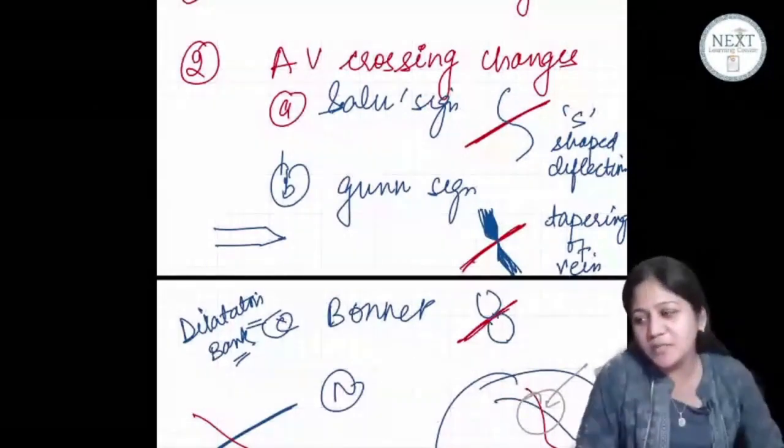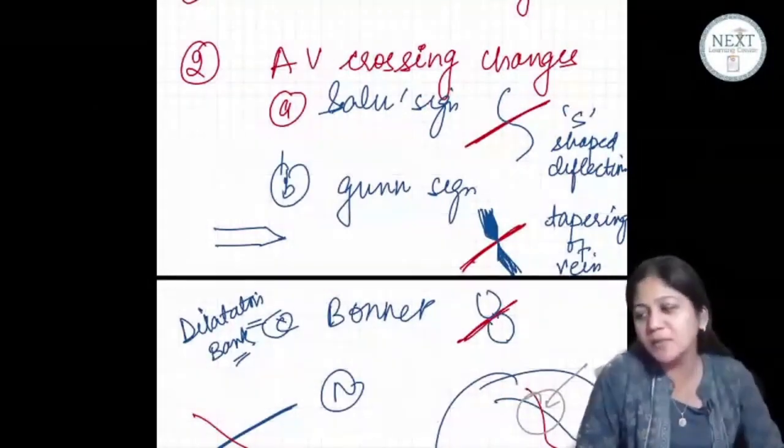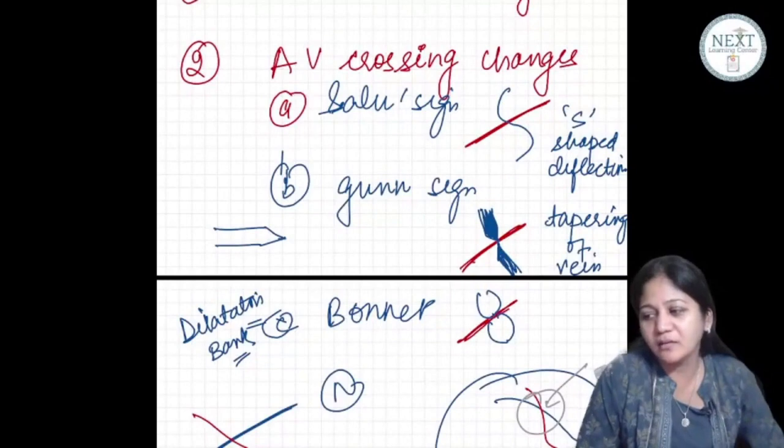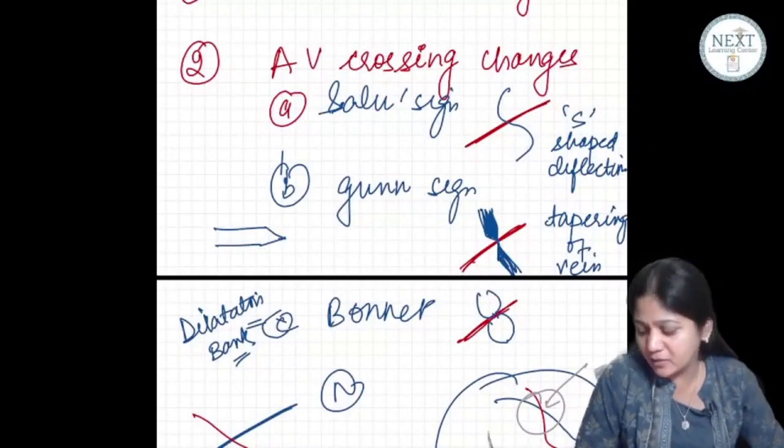Yes, you can remember Sallu Bhai with gun hit people under his car's bonnet. Yes, in bonnet you see dilatation.